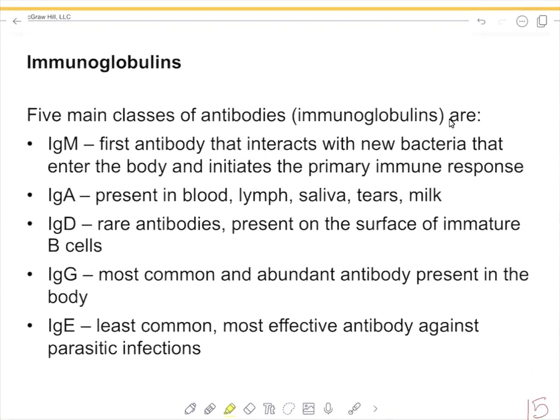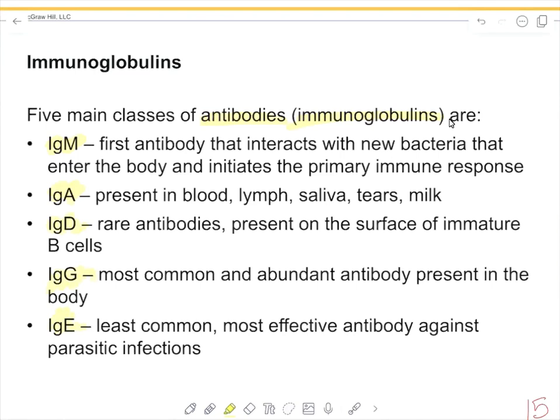This slide is showing the different groups of antibodies that we have present. The word antibody means that it's called an immunoglobulin. There are 5 different classes: IgM, IgA, IgD, IgG, and IgE.